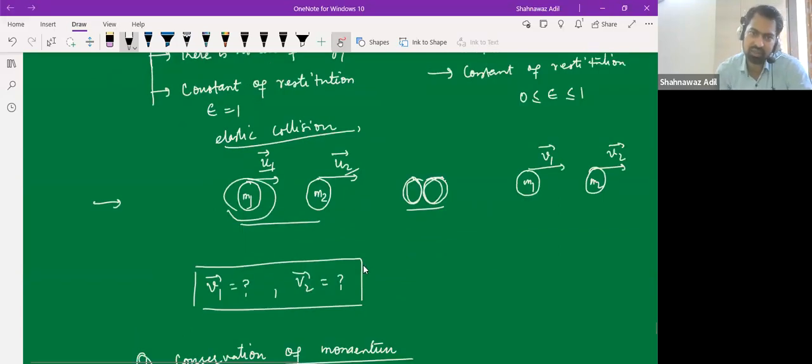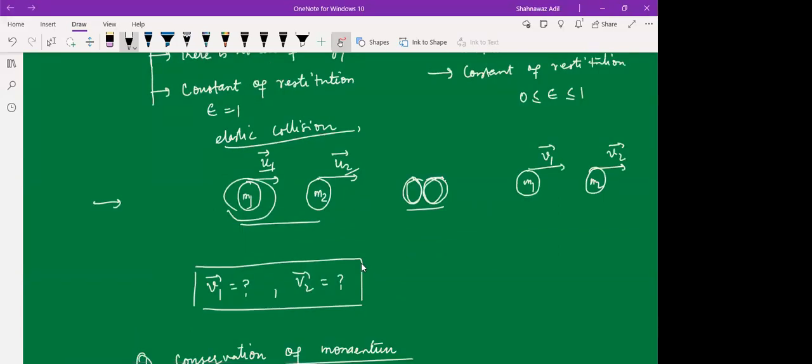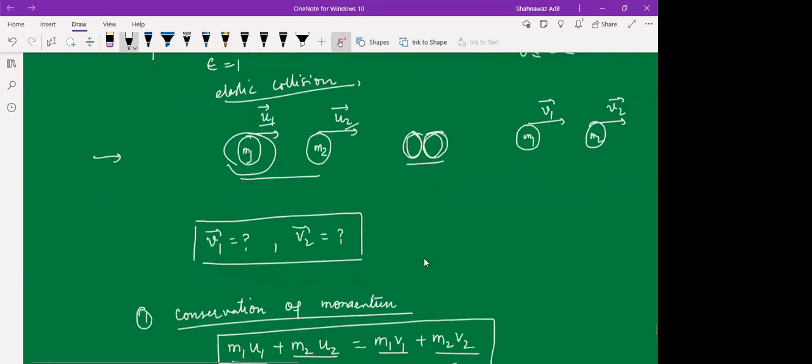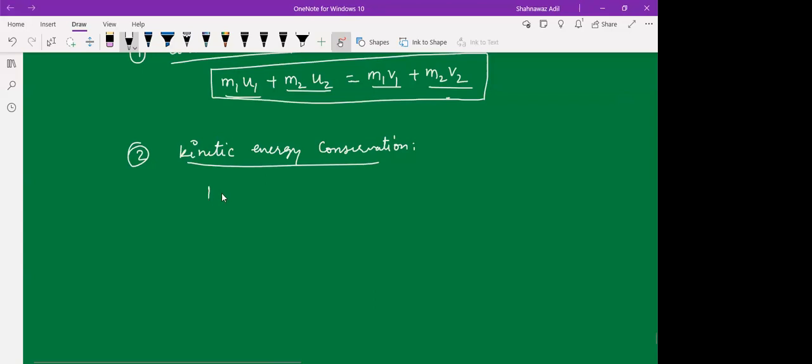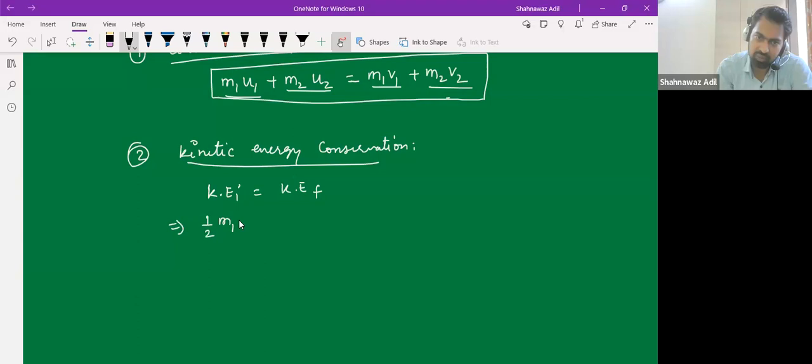Half m1 u1 square plus half m2 u2 square equals half m1 v1 square plus half m2 v2 square. Very good. So half m1 u1 square plus half m2 u2 square is equal to half m1 v1 square plus half m2 v2 square.